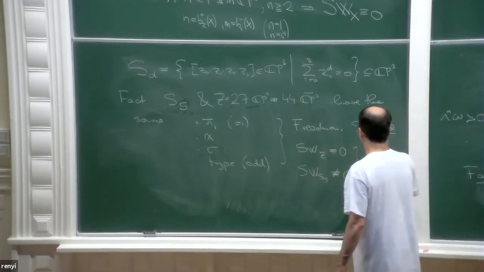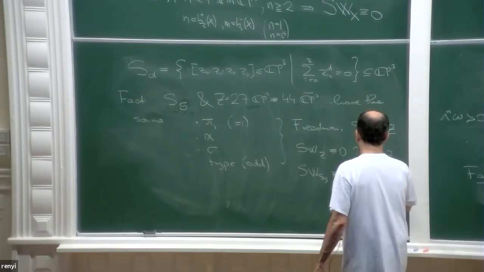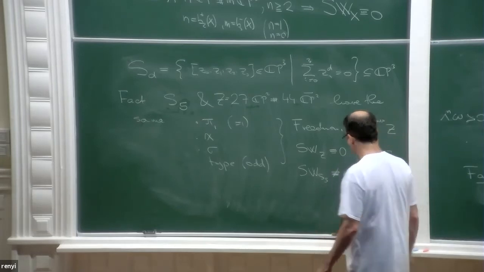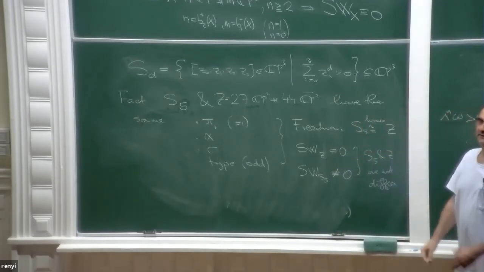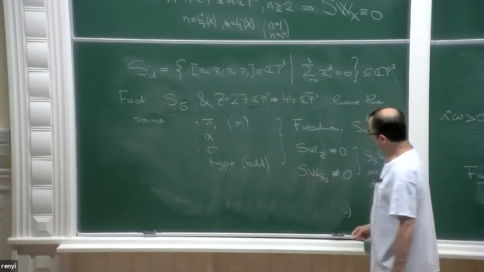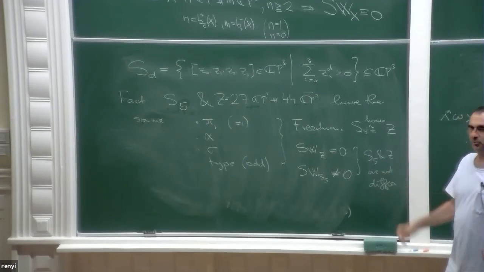So S5 and Z are not diffeomorphic. So this is the first encounter of exotic four-manifold pairs, closed smooth four-manifolds.